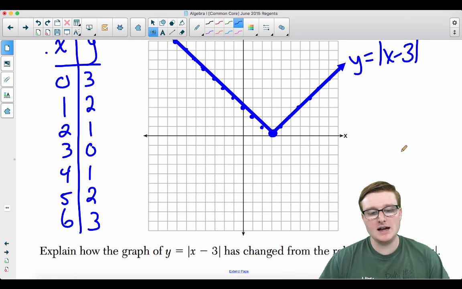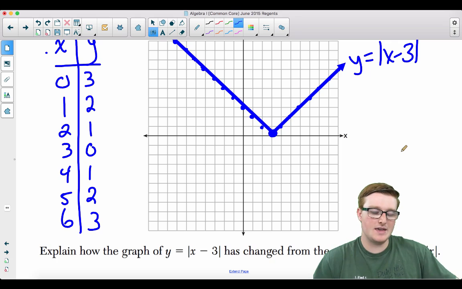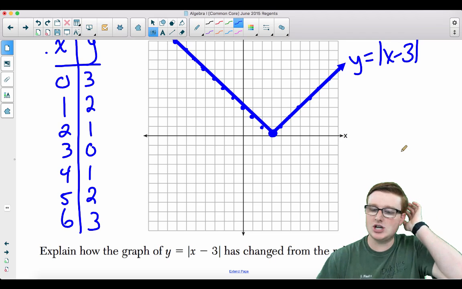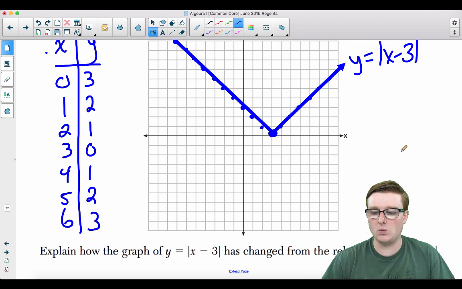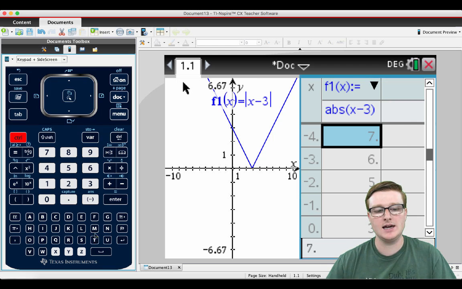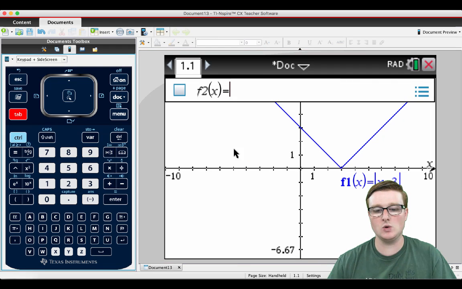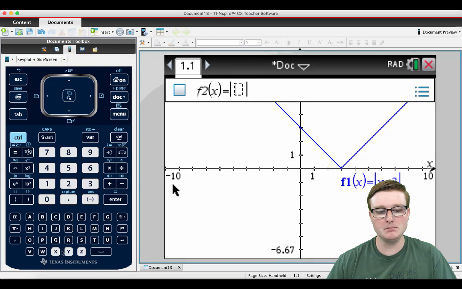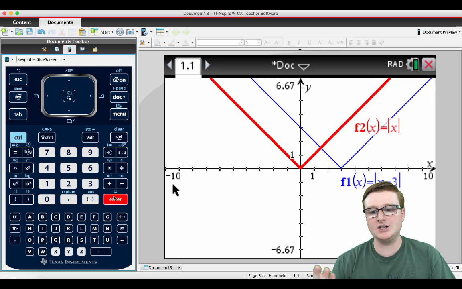Then it says explain how the graph of y equals the absolute value of x minus 3 has changed from the related graph y equals the absolute value of x. If you go to your calculator and type in the absolute value of x, what did the blue graph do? Well, it moved to the right by 3 units.